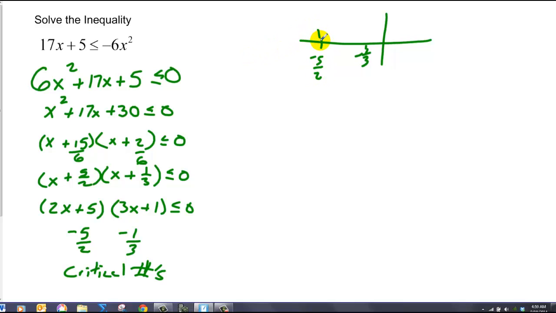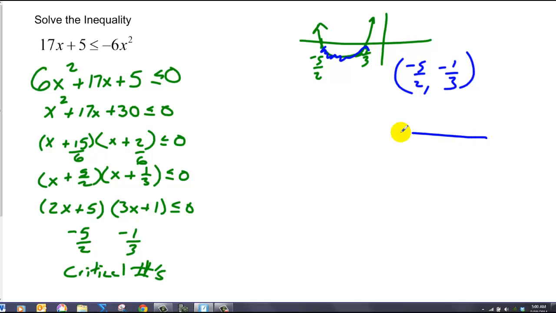Again, this graph moves up in this case, just like it did before. I want to find out where the graph is negative, or below 0, which is over here. So from the graph, I can state that's just between these two values, from negative 5/2 to negative 1/3, which should be my solution, but I'm going to verify that algebraically.